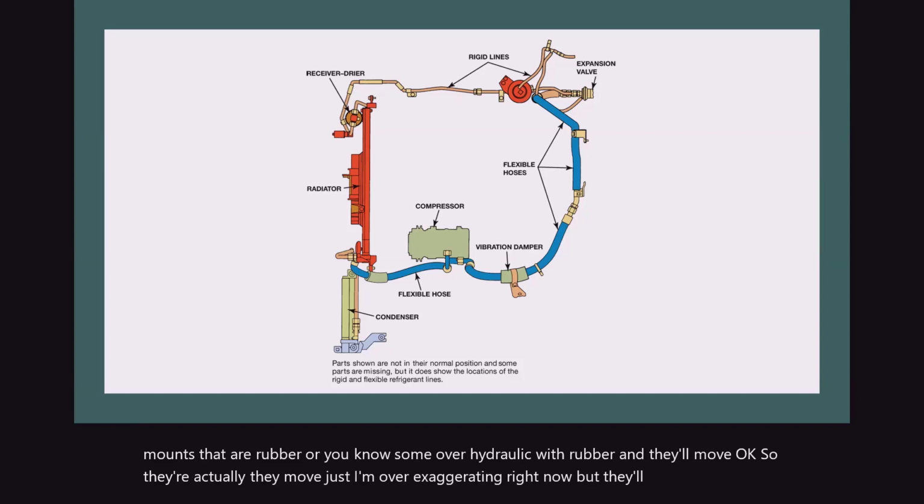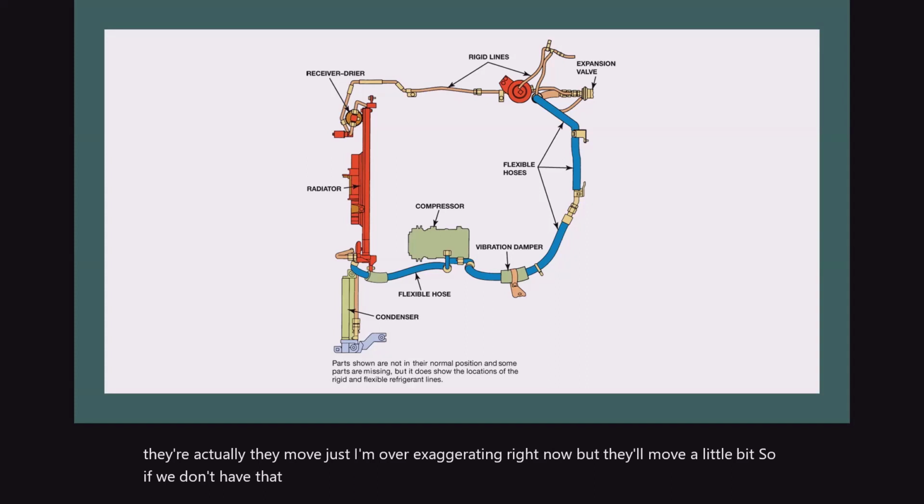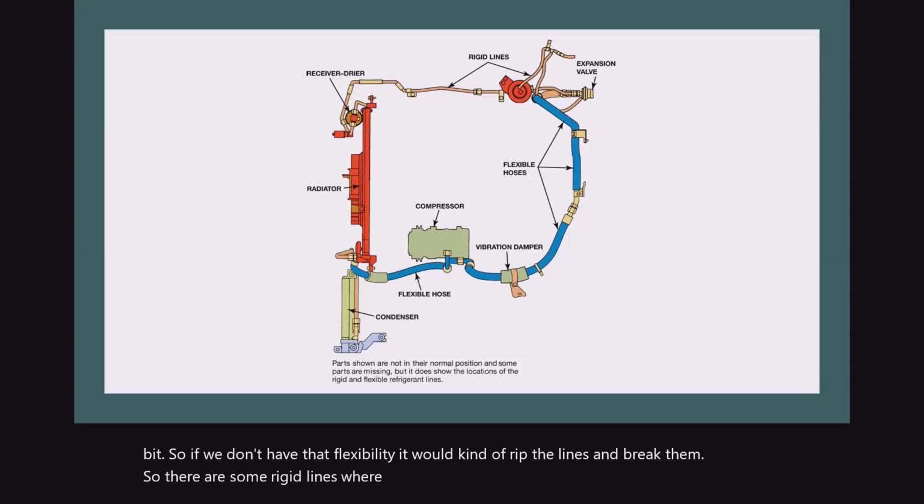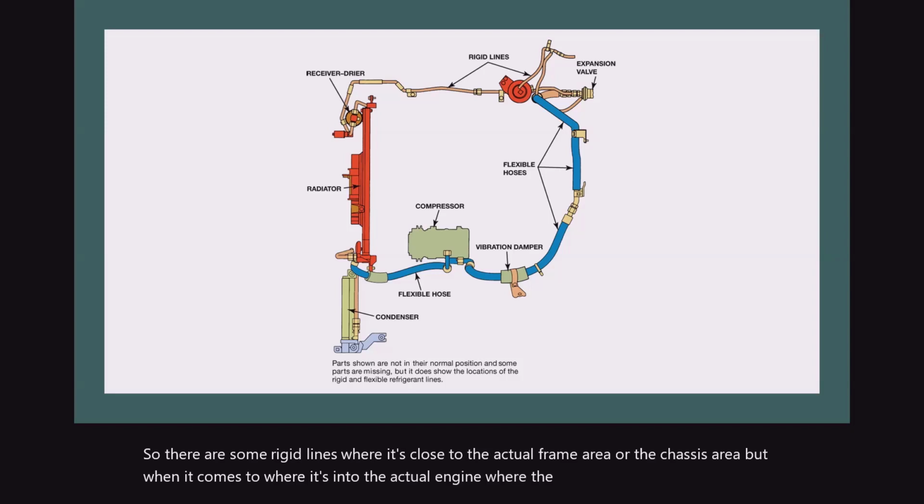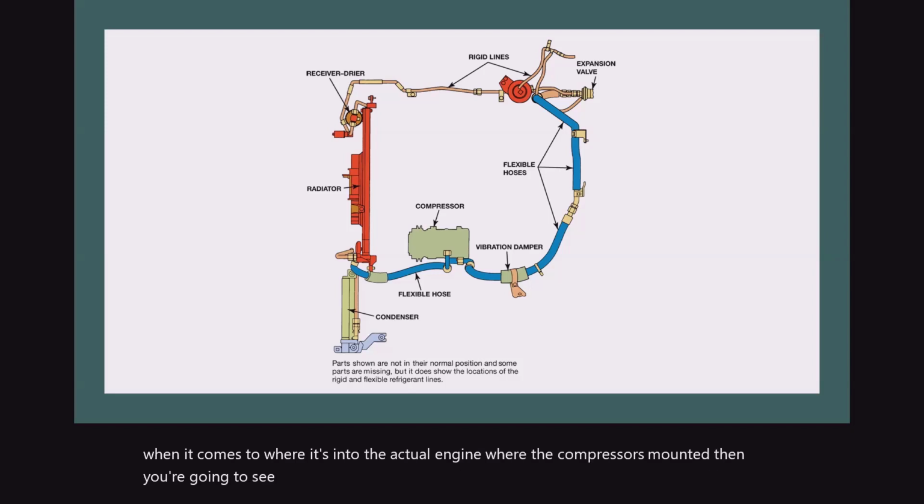If we didn't have that flexibility, it would rip the lines and break them. So there are some rigid lines close to the frame or chassis area, but where it goes to the engine where the compressor is mounted, you're going to see more flexible lines.